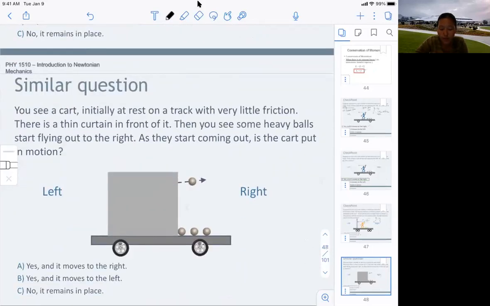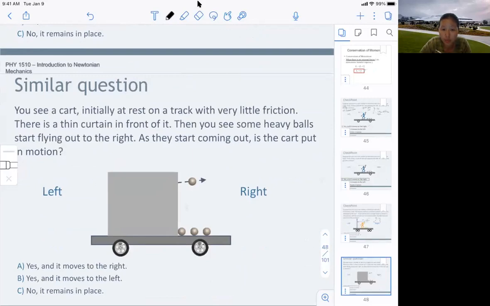Again, there is a similar question. Let's say you don't really know what's going on. All you can see is a magic black box, or there's a curtain blocking your view. You don't know what's happening behind the curtain. All you can see is a ball flying off, right? So can you predict what's going to happen to the cart?